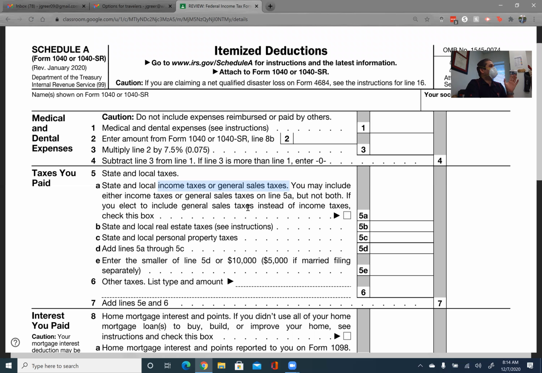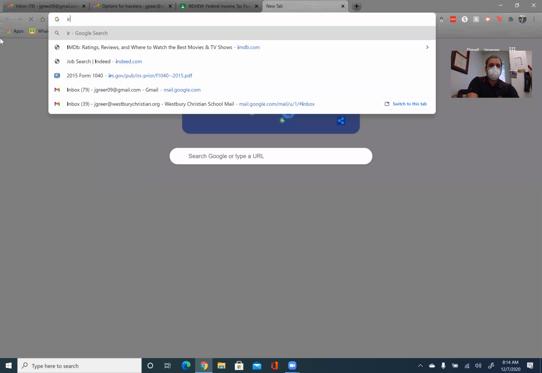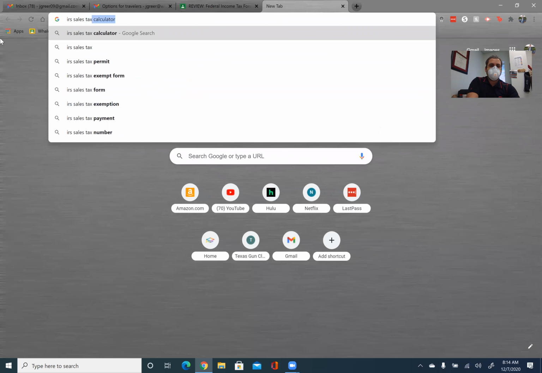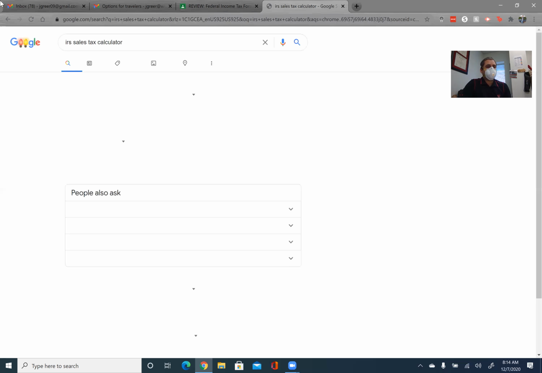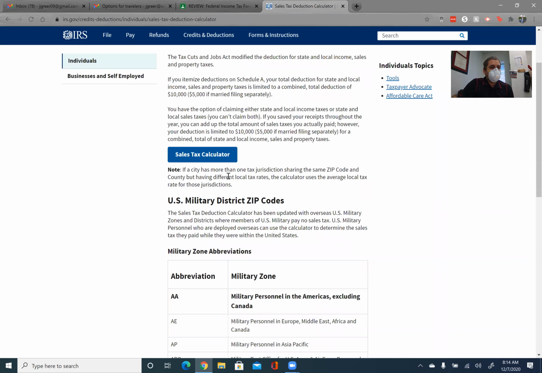One of the things the IRS does is provide a special sales tax deduction calculator, where they just estimate your sales taxes. As long as you're in the ballpark, the IRS isn't going to care. This is a part of the tax code that allows for some flexibility. So you can use the sales tax calculator.